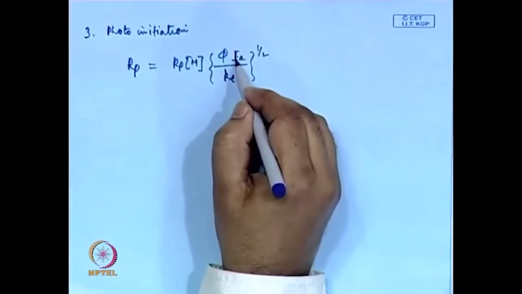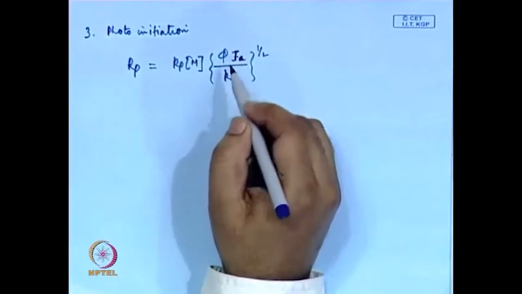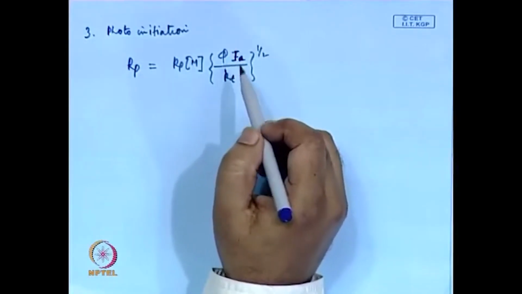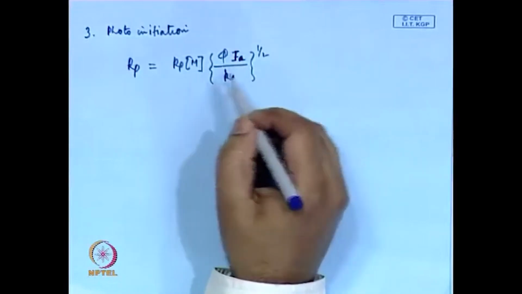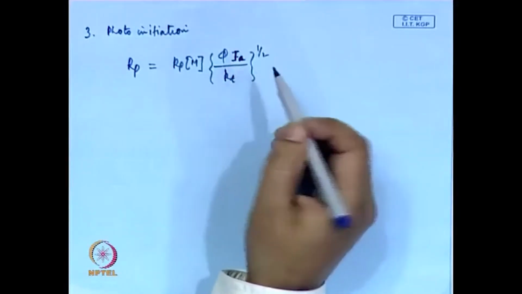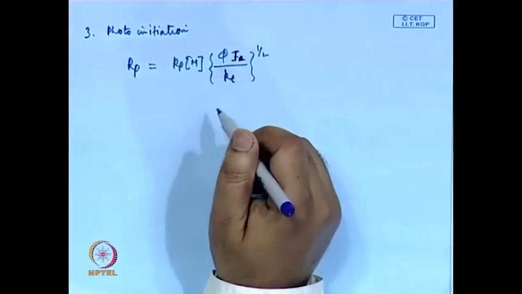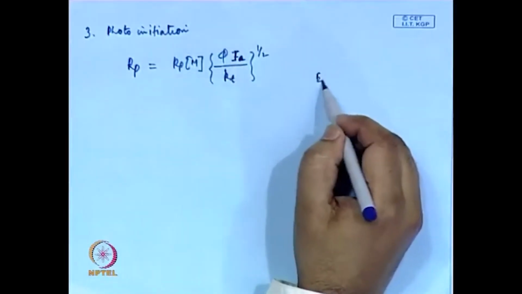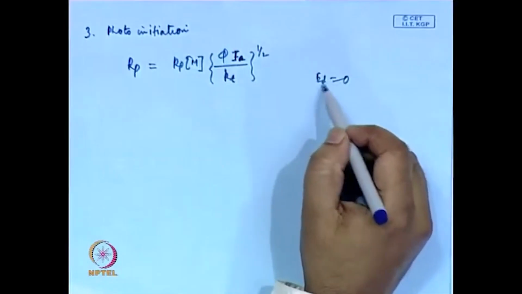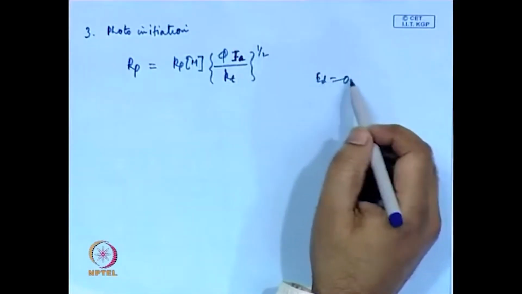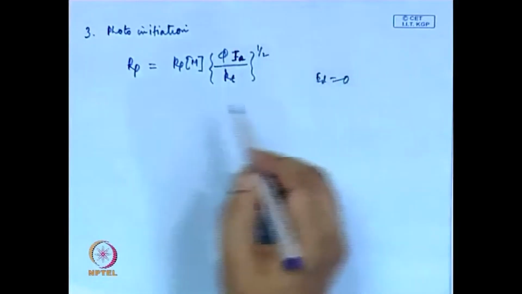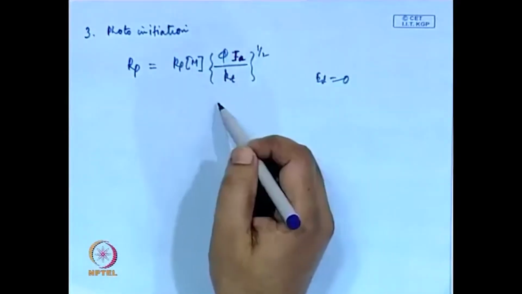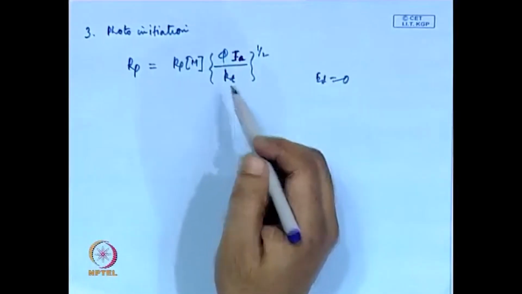I_A is the intensity of light, and phi is the quantum yield. You do not see a Kd term, because for this photochemical reaction process E_d is 0, and the other E_P and E_T remain the same.